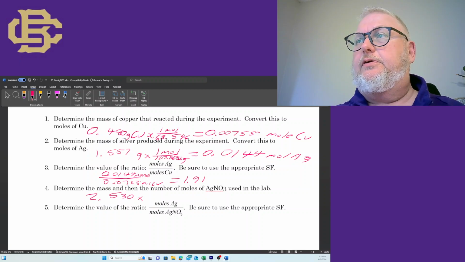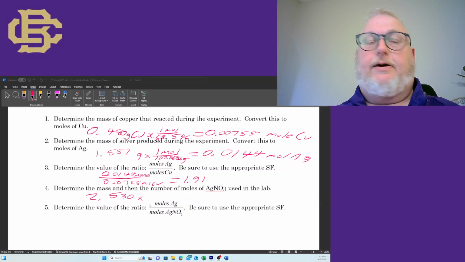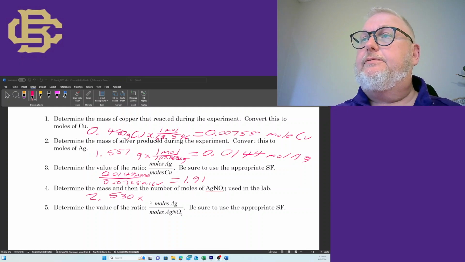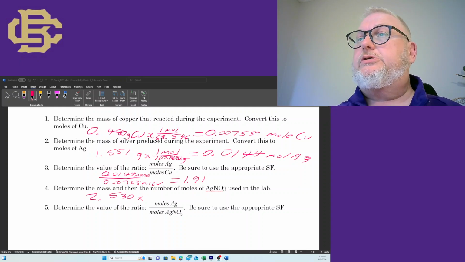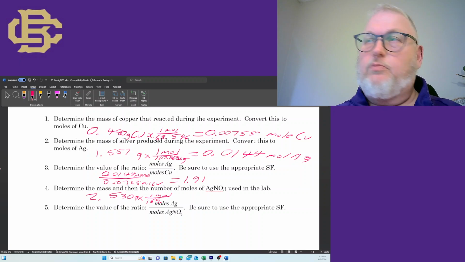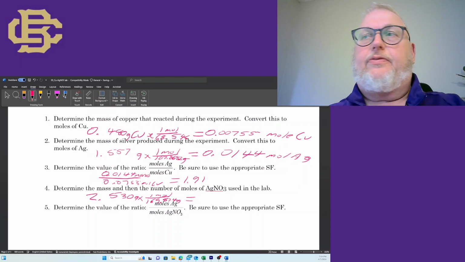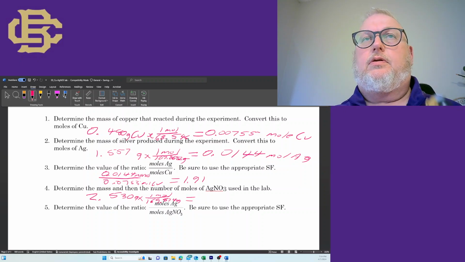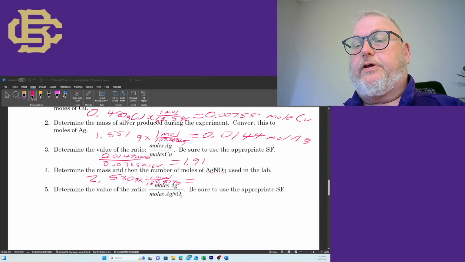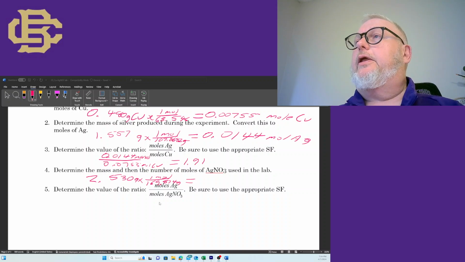I take silver plus nitrogen plus 3 oxygens. I already worked that math out. So 1 mole is 169.874 grams of silver nitrate. Do my math. Okay. So if I take 2.53 and divide by 169.874, let's see what I got here.